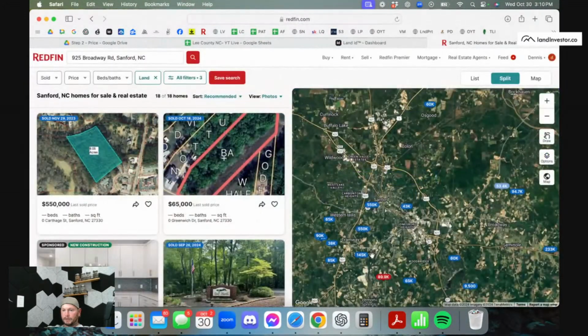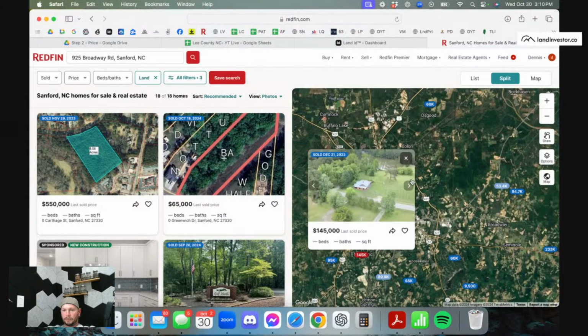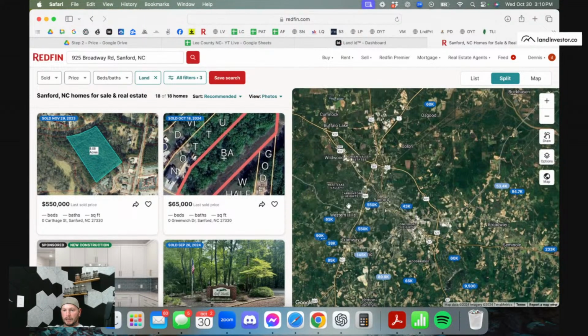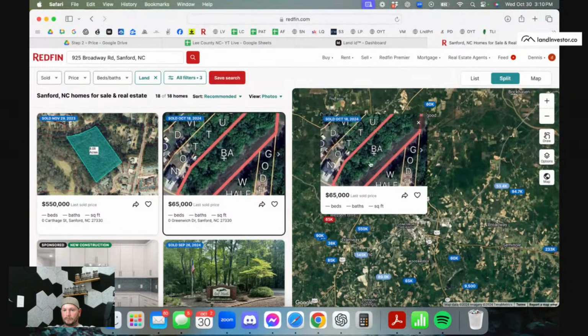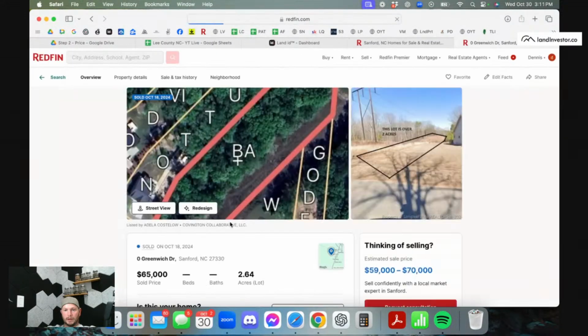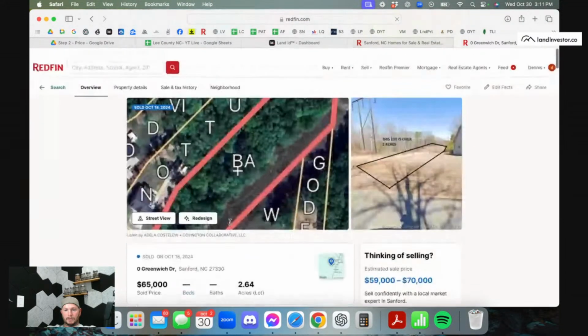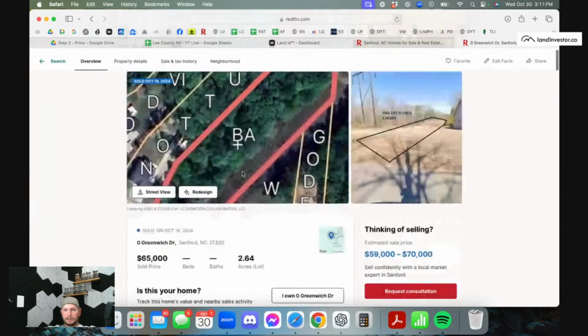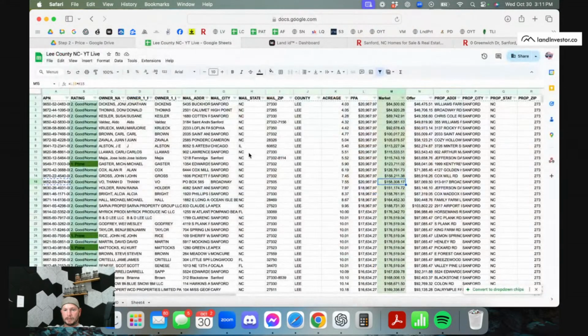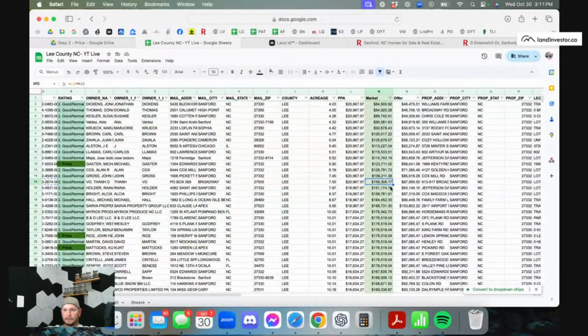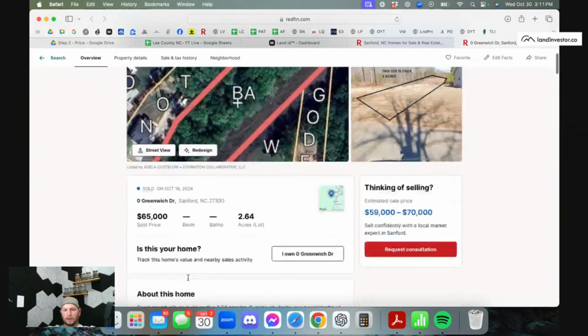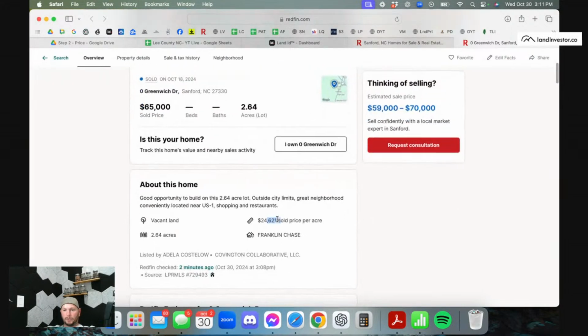So we might actually have to adjust this a little bit. So you got 154. Got a house on it. Yeah, so I'm gonna adjust this. Seems like this is too much. Right, so we don't have a lot. So this sold for 24.